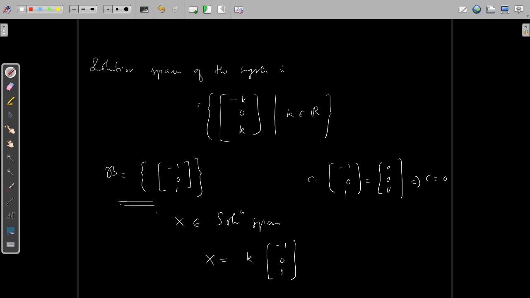So this can be considered as another example for the basis. In this linear system, you have seen that the number of unknowns is 3 and the rank is 2. If the number of unknowns is n and the rank is r, then n minus r unknowns can be chosen as arbitrary constants.